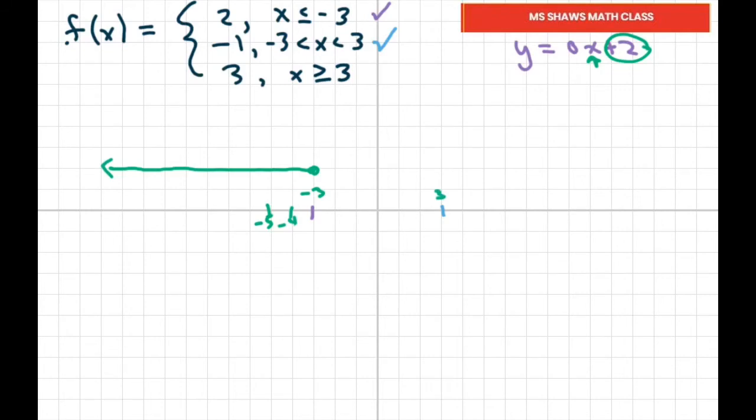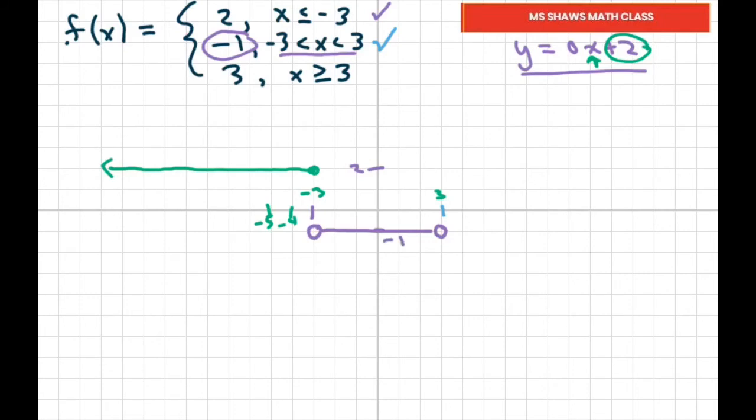So at negative 3 to 3, your y is negative 1. It's the same thing here. So we go to negative 1. This was 2, but it can't equal it, so you do open intervals here. All right. And all the numbers in between negative 3 and 3 are going to be at negative 1 on the y.